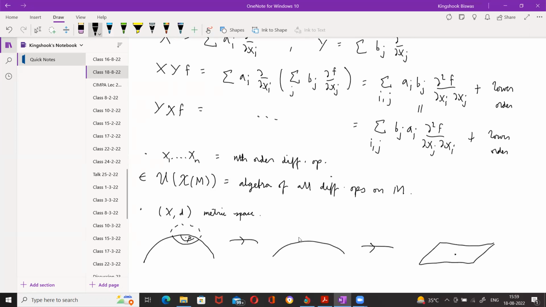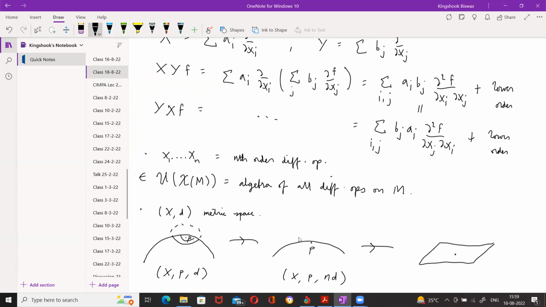Now, what does it mean to blow up? I'm looking at X with my base point P and the metric d. Blow up means I look at X with the same base point P, but now I take n times the metric d.